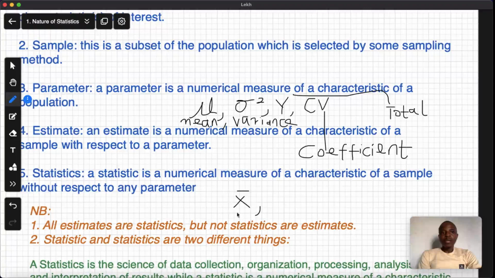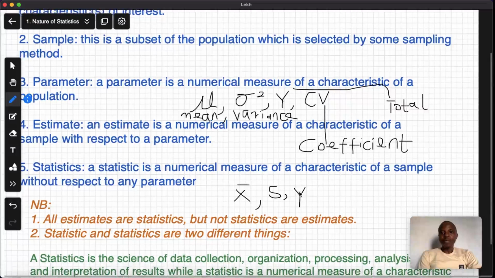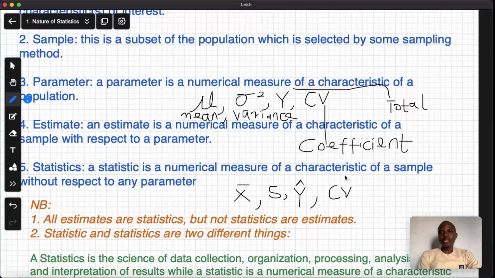The variance estimate will be referred to as S. The population total will be referred to as Y hat, and the coefficient of variation may also be referred to as CV hat. All right, so that way you have an estimate.